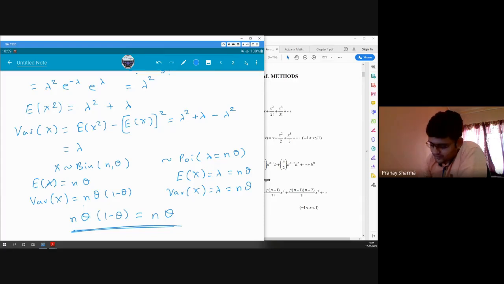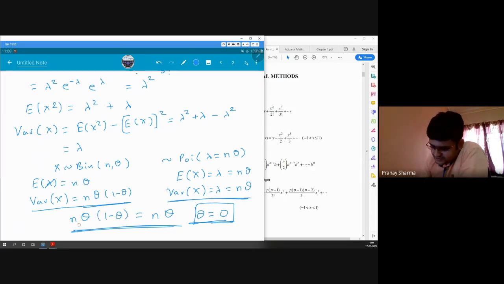There is only one value, that is theta is equal to 0, no other value, right? So our theta has to be 0 such that our binomial distribution becomes our Poisson distribution.